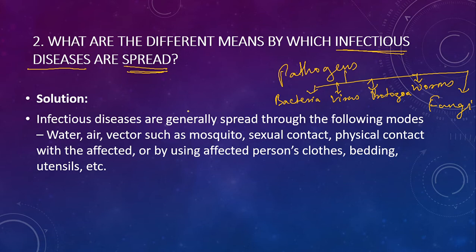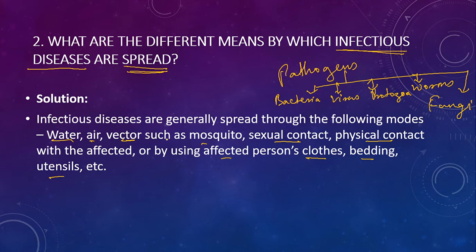Infectious diseases are spread through the following modes: air, water, vectors like mosquitoes and flies, sexual contact, and physical contact like shaking hands, or by using the affected person's clothes, bedding and utensils, sharing utensils, etc. These are the ways by which the disease can be spread from the diseased person to the healthy person.